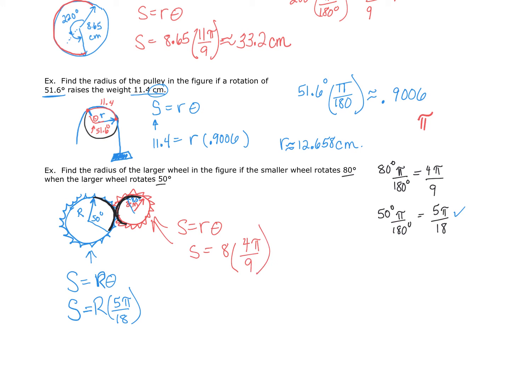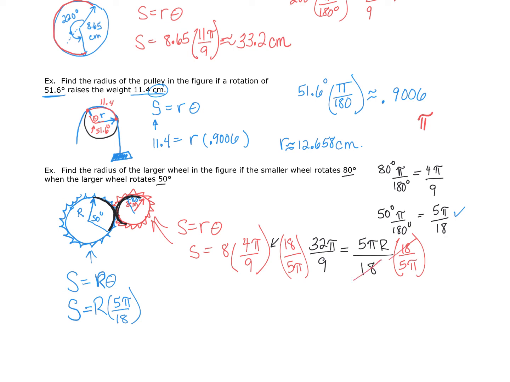Well, we know that these 2 arcs have to be equal. So we're going to set those 2 equal. This one here is going to become 32 pi over 9 equals 5 pi R over 18. So I'm going to multiply both sides by 18 over 5 pi. That will leave the capital R by itself.